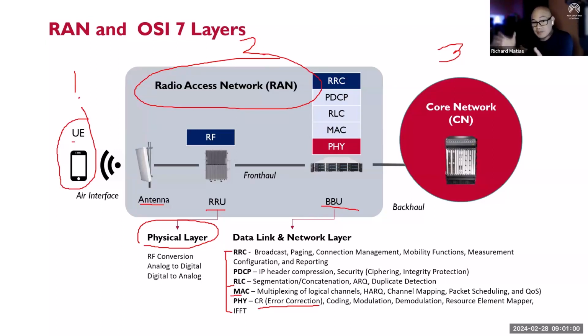So we call it segmentation. The reverse of that is concatenation. It will get the first chunk and then the second chunk and combine them. That is the concatenation. And next is the PDCP, the IP header compression. This is where you are compressing the signal so that it's easier to transmit.